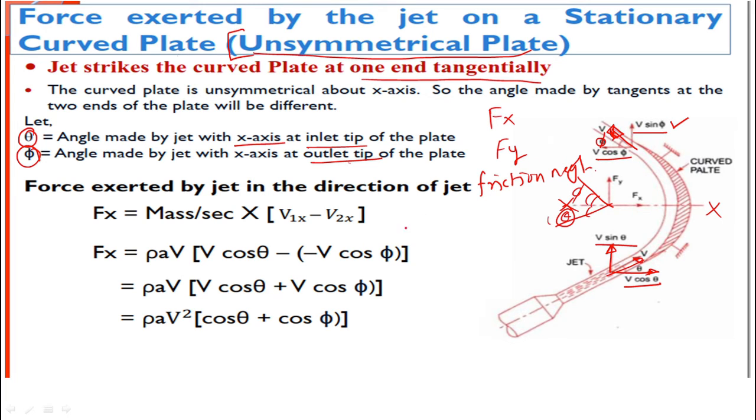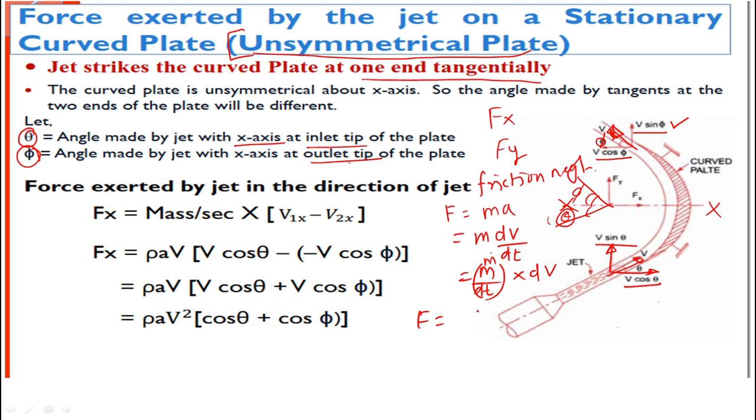Now we are going to apply Newton's second law, that is F equals mass into acceleration. Similarly we can write F equals m dv upon dt, where m upon dt is the mass flow rate and dv is the change in velocity.